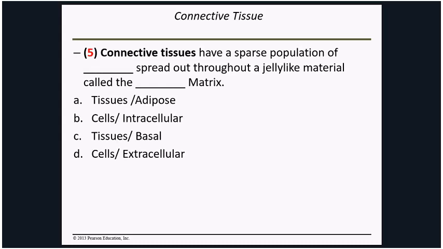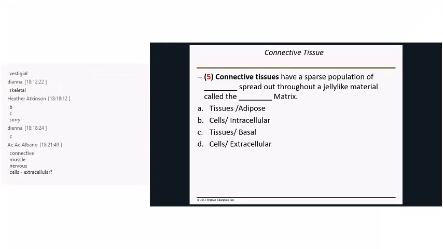So if you've had a chance to read your textbook and look at connective tissue, this is what defines it or sets it apart from the other types of tissues. And that's right, it has a sparse population of cells spread throughout an extracellular matrix. So that's how all of these connective tissues work.